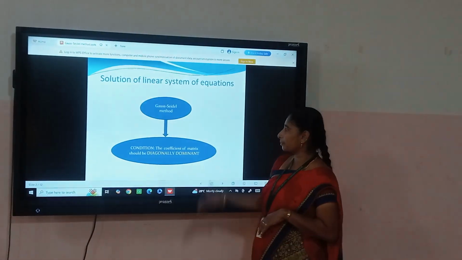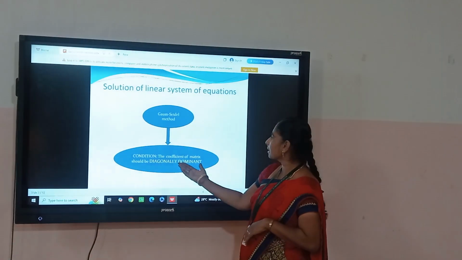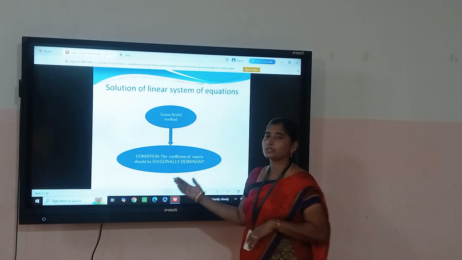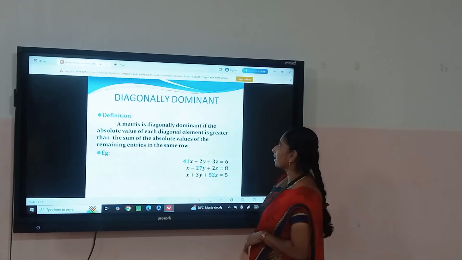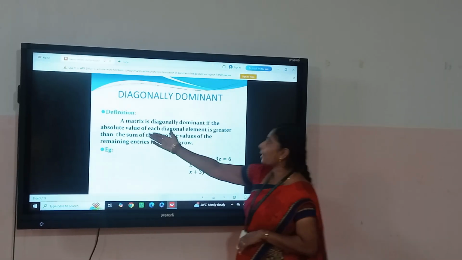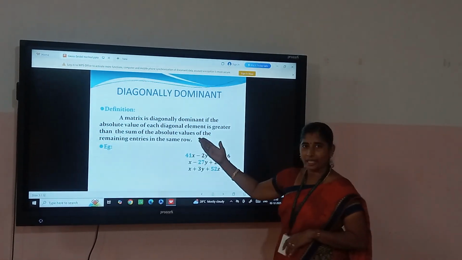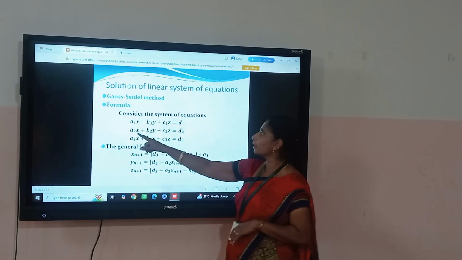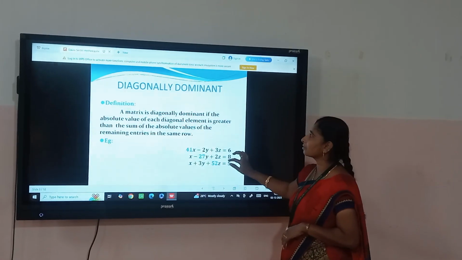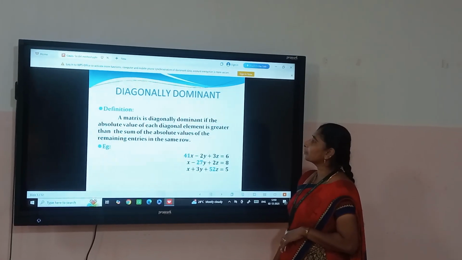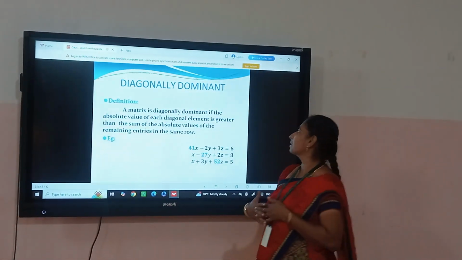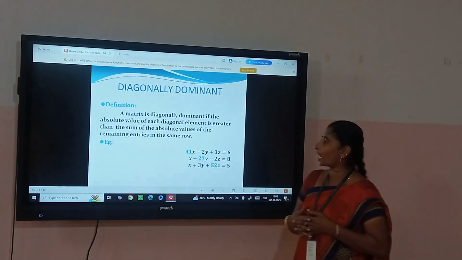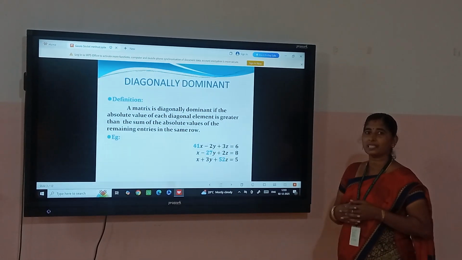In the Gauss-Seidel method, the condition is the coefficient matrix should be diagonally dominant. We know that already. What is diagonally dominant? A matrix is diagonally dominant if the absolute value of each diagonal element is greater than the sum of the absolute values of the remaining entries in the same row.